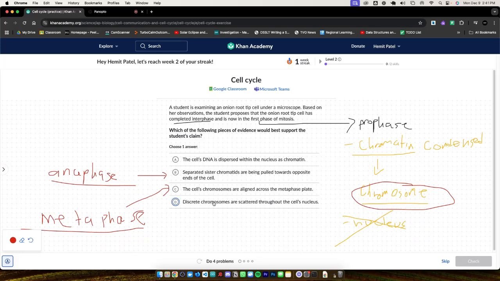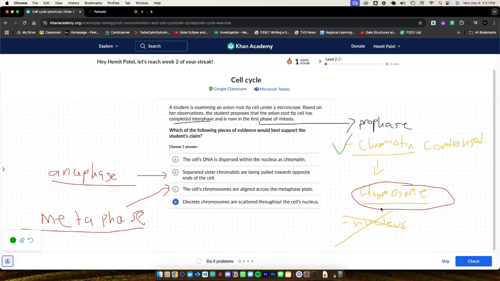And discrete chromosomes are scattered across the cell's nucleus. This can be true, right? Because you can see that one of the conditions of the chromatin condensing into chromosome is being fulfilled. Now it's also saying throughout the cell's nucleus, which is probably because it's in the beginning stages of prophase, early stages of prophase.